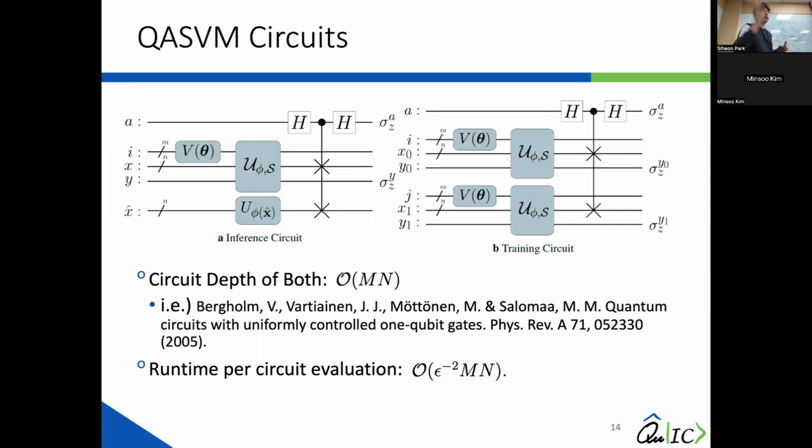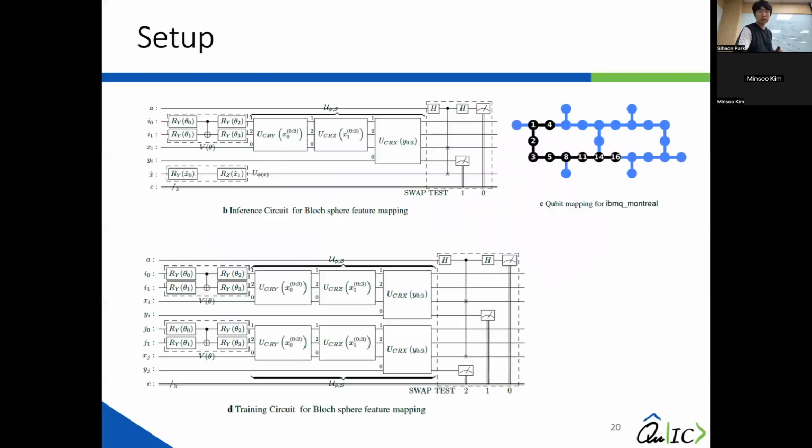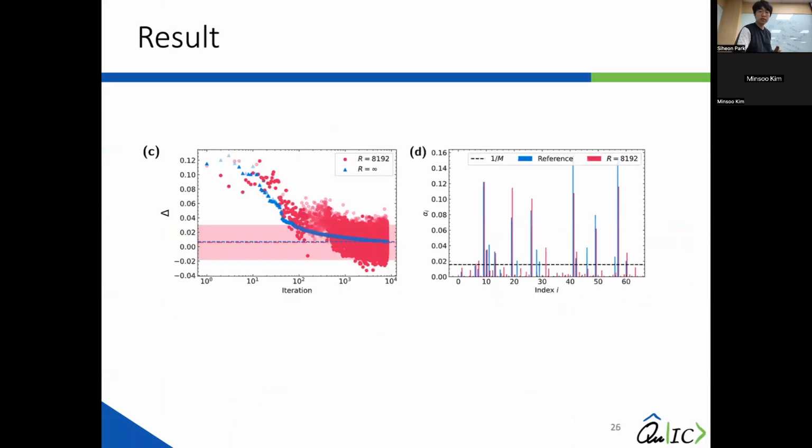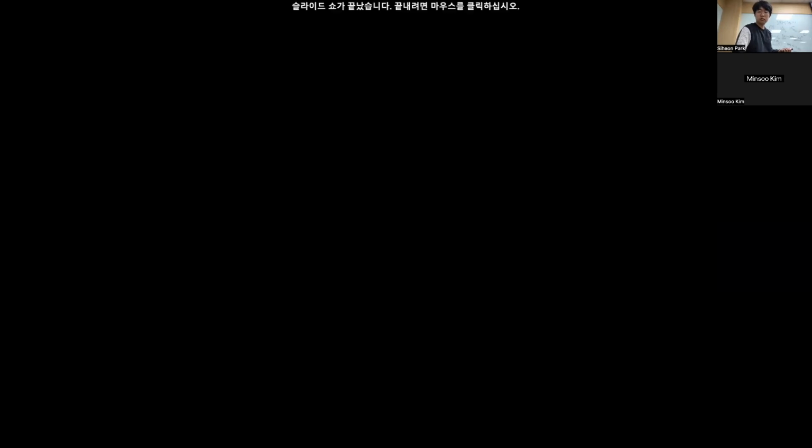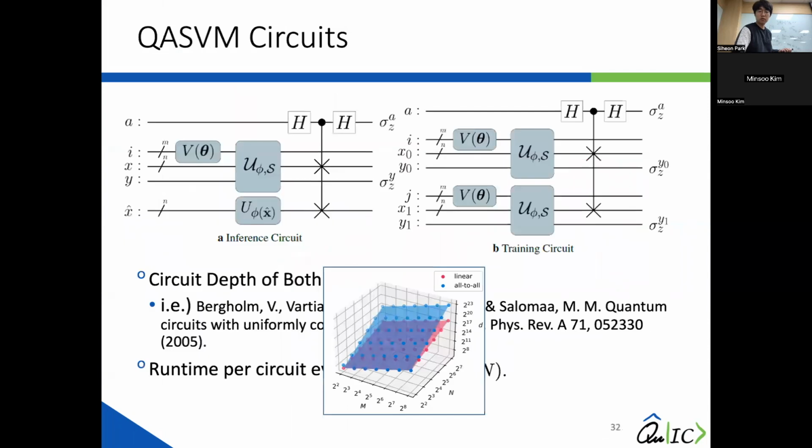So all of this scales linearly with the number of data. I did some numerical simulation on this circuit depth scaling, and it shows like this. So it indeed scales linearly, but you can think of other methods to implement this controlled U.